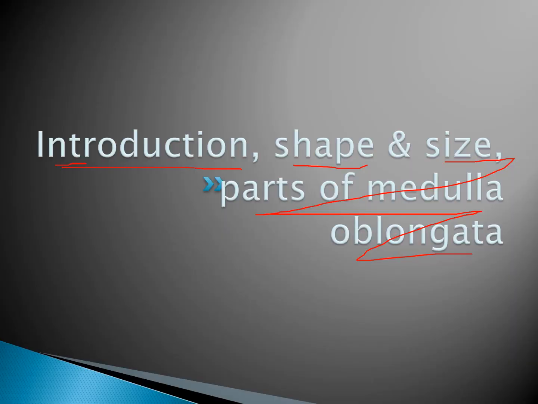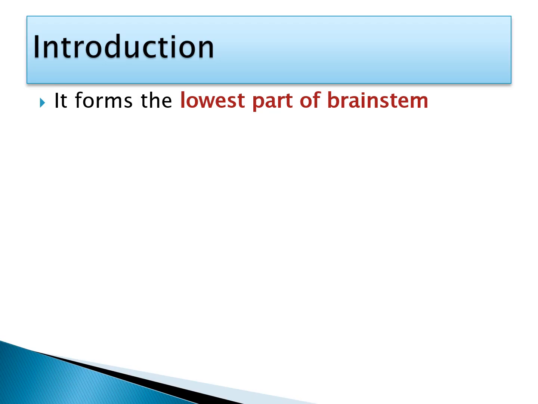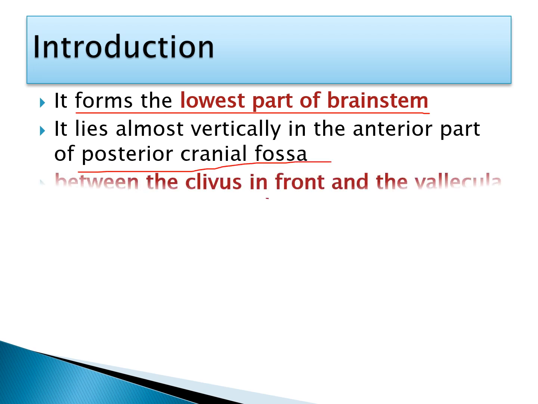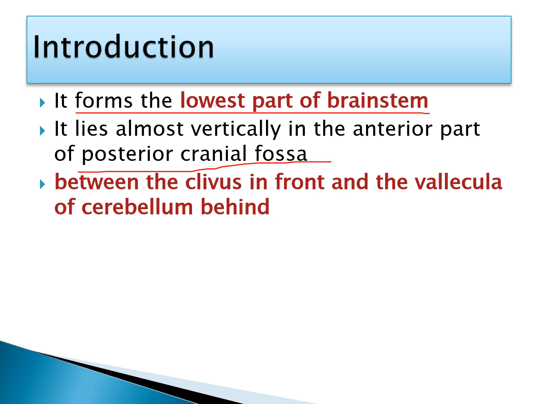First we will see the introduction, shape, size and parts of the medulla oblongata. It forms the lowest part of the brainstem. It is almost vertically placed in the posterior cranial fossa, between the clivus in front and the vallecula of the cerebellum behind. So that is the introduction to the medulla oblongata.